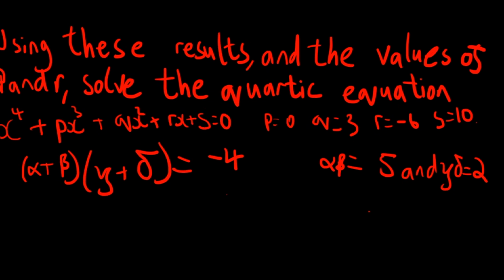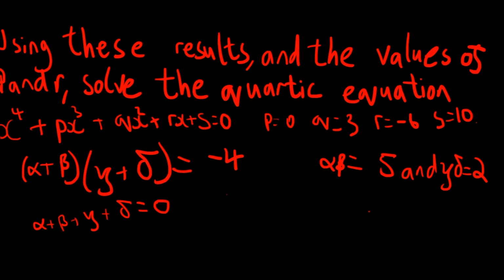And if we look at the equation here, we have px cubed. Now, the coefficient of p, using roots of polynomials, will be equal to the sum of all the roots. And since p is 0, we have alpha plus beta plus gamma plus delta is equal to 0.